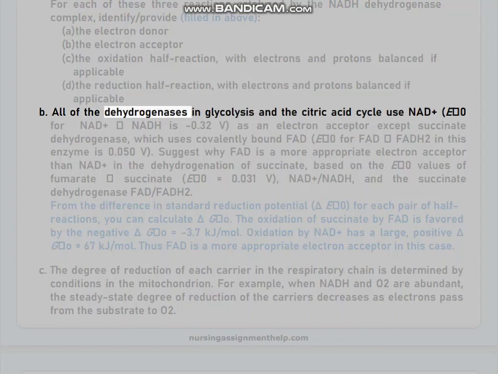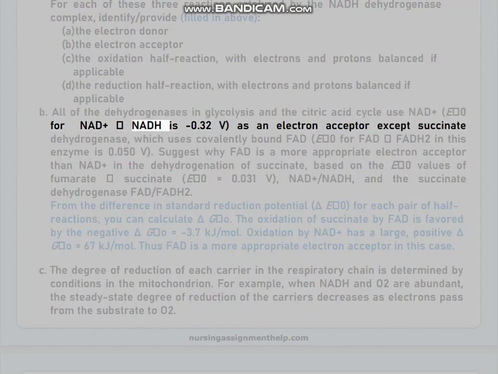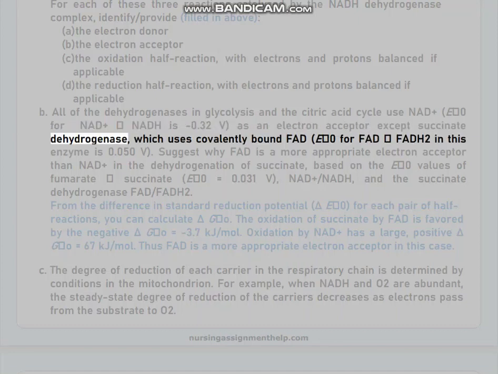B. All of the dehydrogenases in glycolysis and the citric acid cycle use NAD+, E0 for NAD+/NADH is -0.32 V, as an electron acceptor, except succinate dehydrogenase, which uses covalently bound FAD.